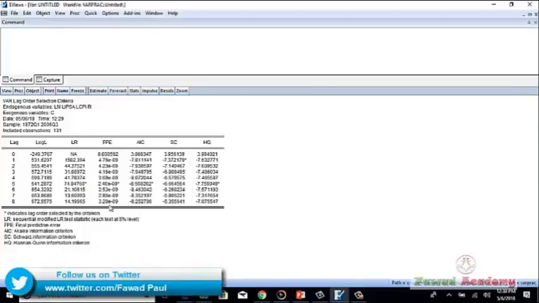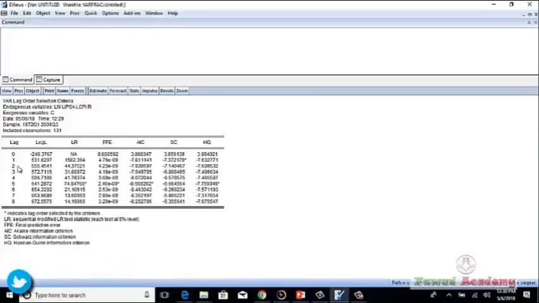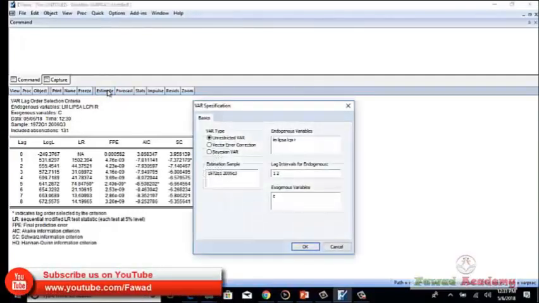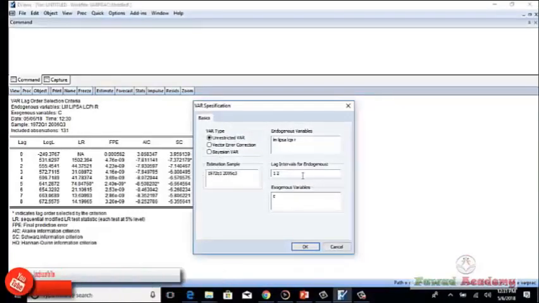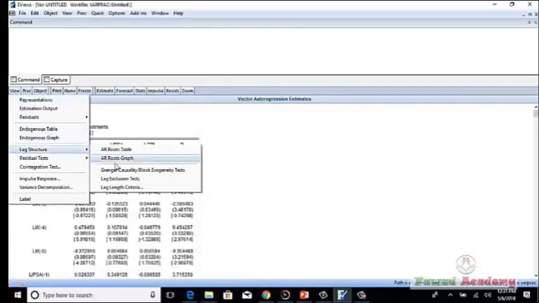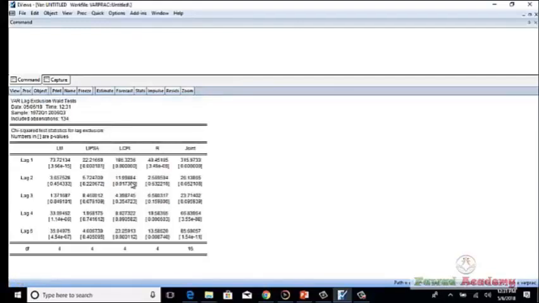Let's check the exclusion out of the 5 lags. How many lags can we exclude? Just click on Estimate, write 1 to 5 instead of 1 to 2 and click OK. Then go to View, Lag Structure, Lag Exclusion Test.